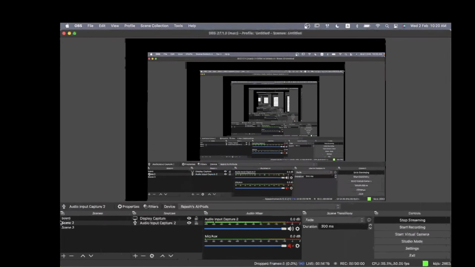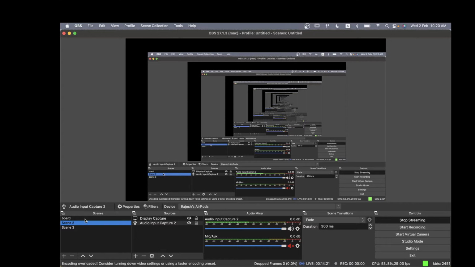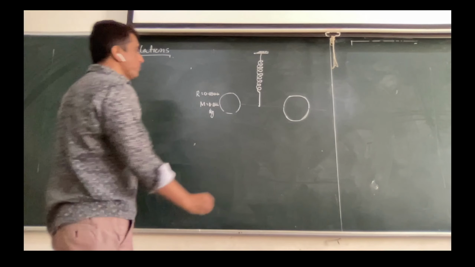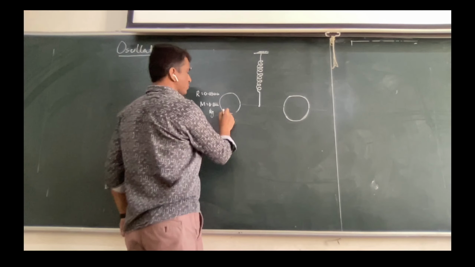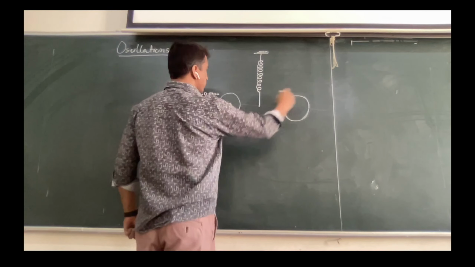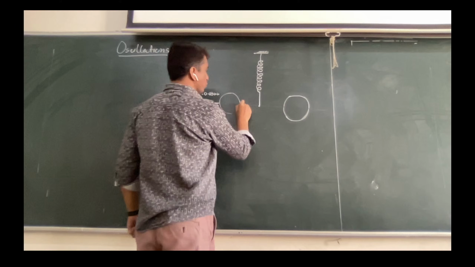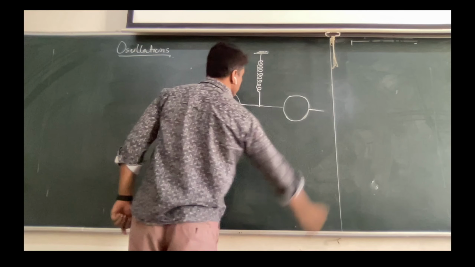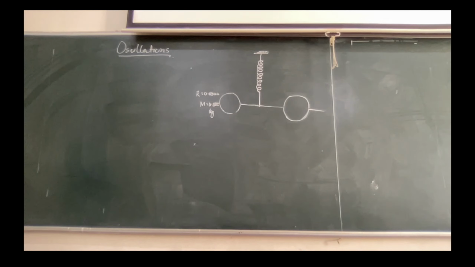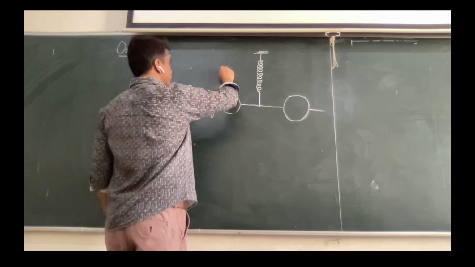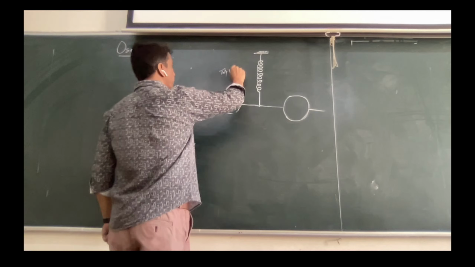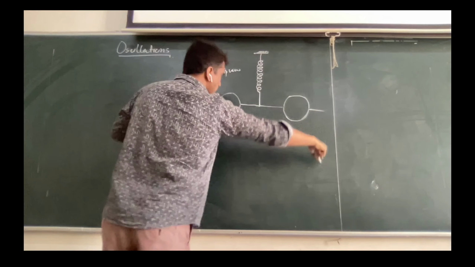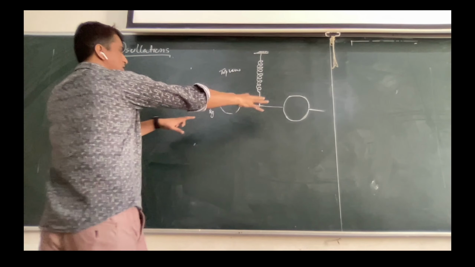Okay, so now we can look at this. This is our system. These are the two spheres. This rod goes through the center. This is the top view, remember. The table is there on which it has been kept.